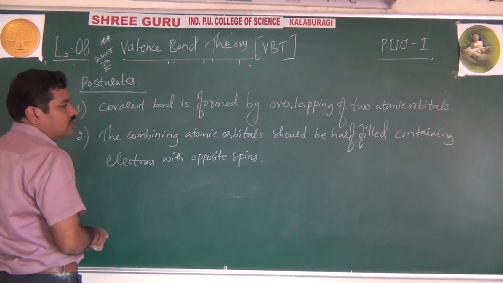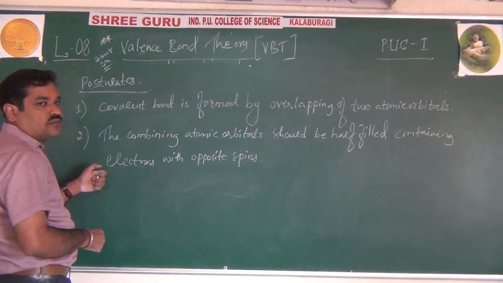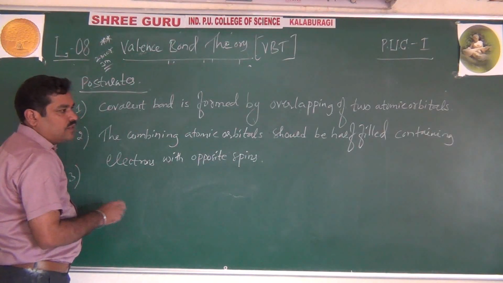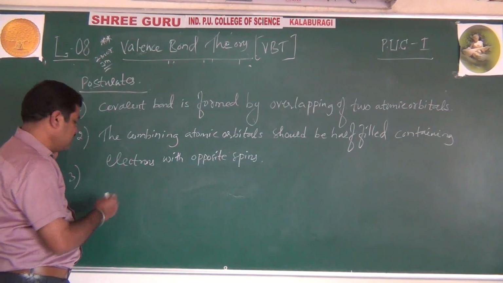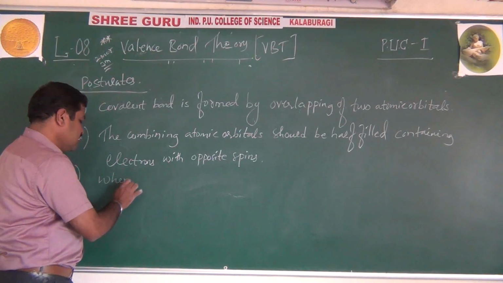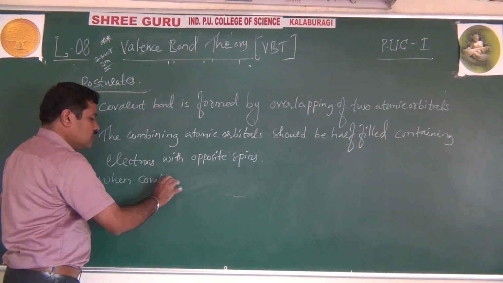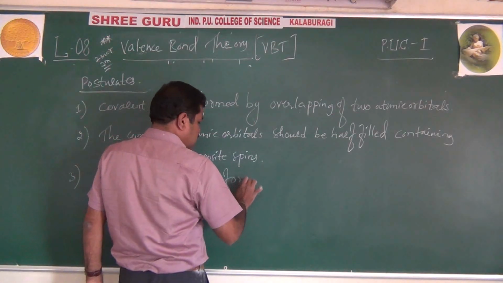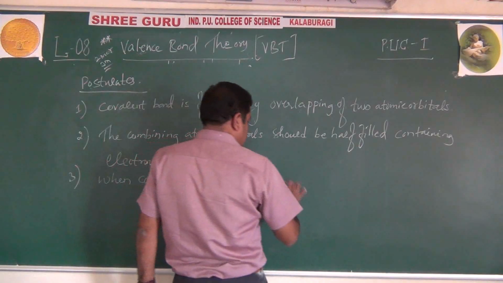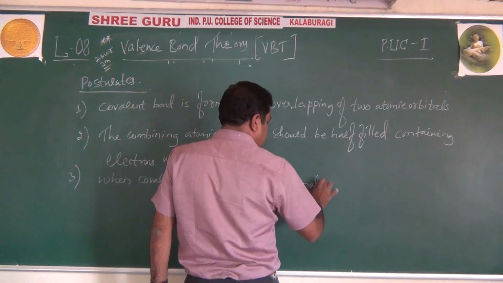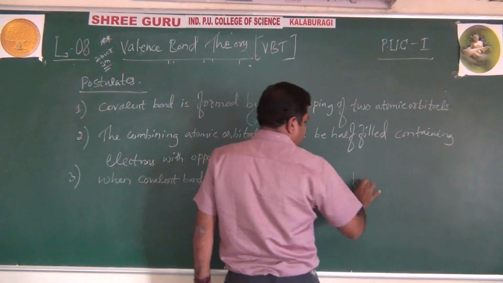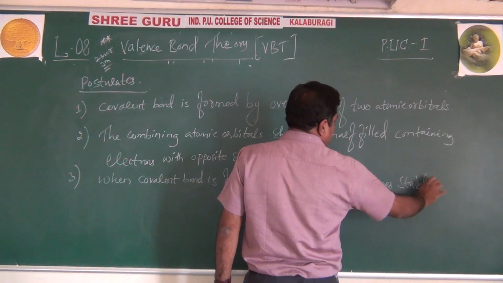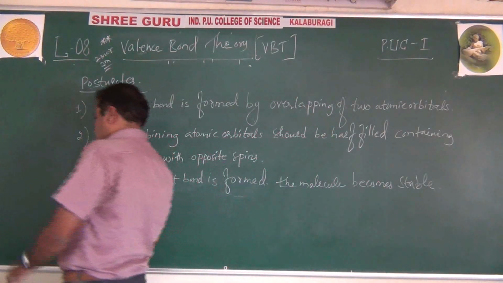When the covalent bond is formed, they lose energy and become stable. That is stability. When the covalent bond is formed, the molecule becomes stable by losing energy. Lower the energy, higher the stability.